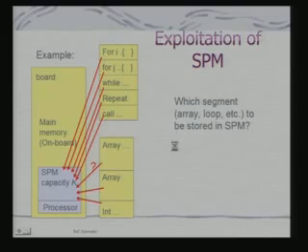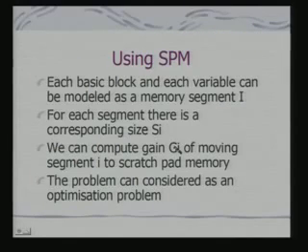So how can this problem be solved? We can identify each basic block, and each variable can be modeled as a memory segment i. So basically the compiler is dealing with a set of memory segments. And for each segment, there is a corresponding size, Si. And we can compute the gain Gi of moving segment i to scratch pad memory. Because what is the gain?